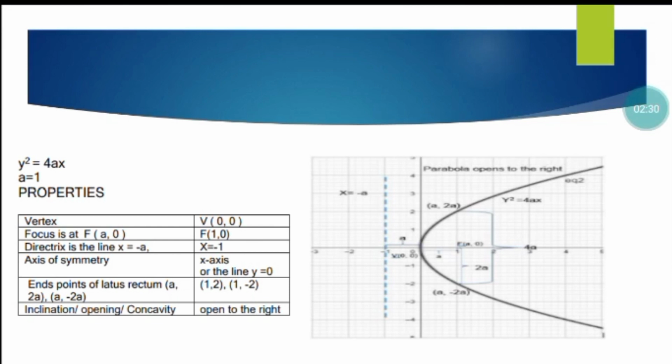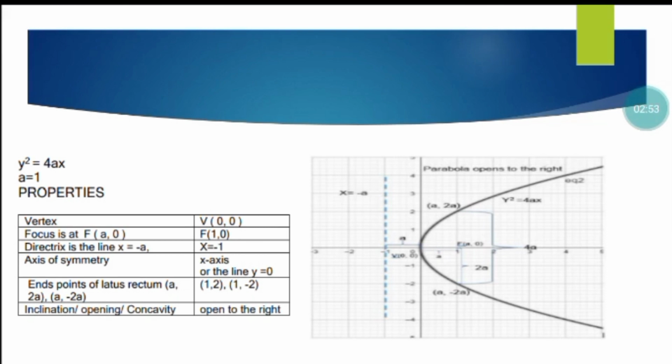How do we come up with 1? We divide the 4 in 4ax by 4. The directrix is the line x equals negative a, or in this equation, x equals negative 1.